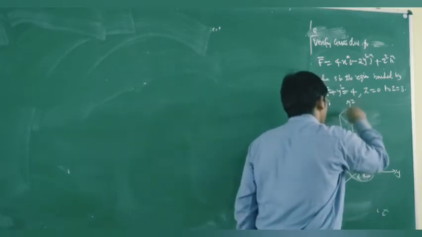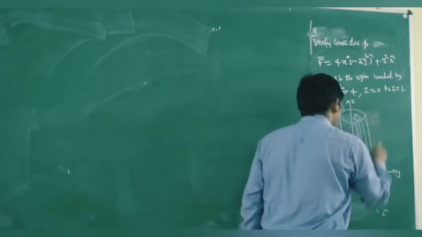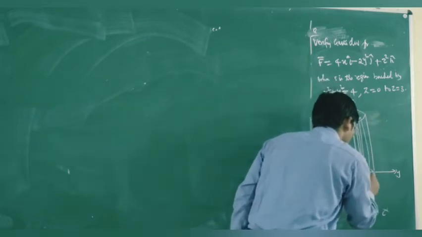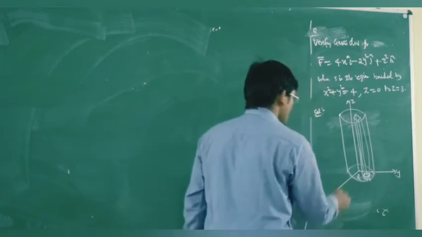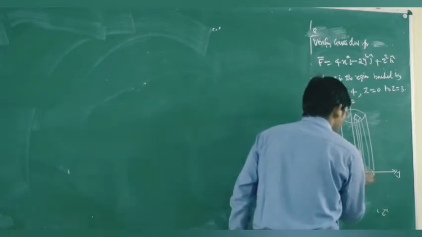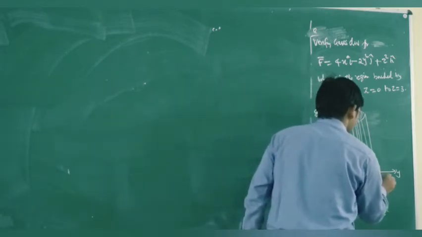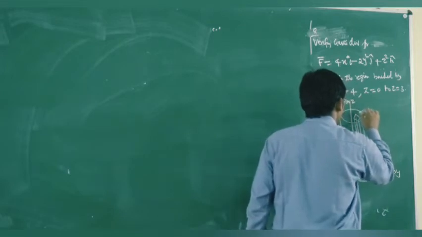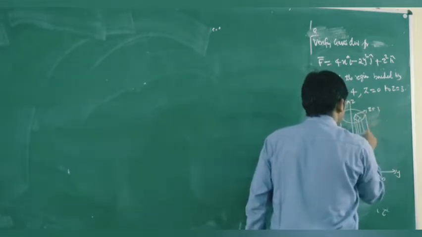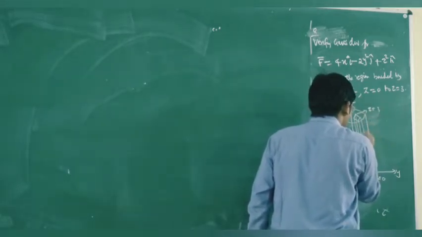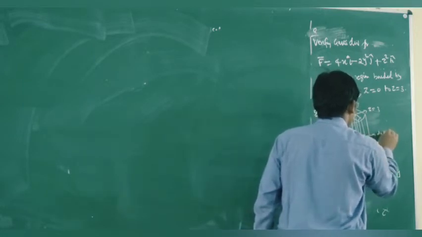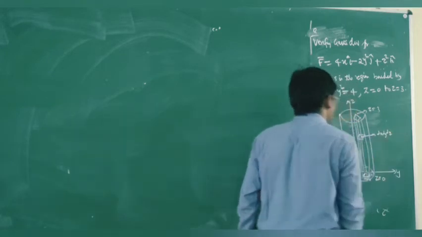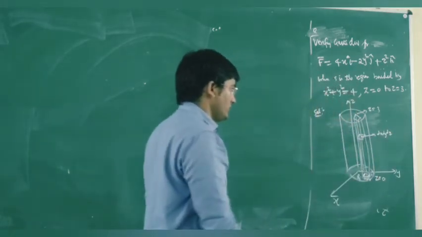So the projection of this plane in the xy plane will be R, and here our area will be dx into dy. Now this is the z equal to 0 plane, and this is the z equal to 3 plane, and for some point of this plane the elementary volume will be dx into dy into dz.